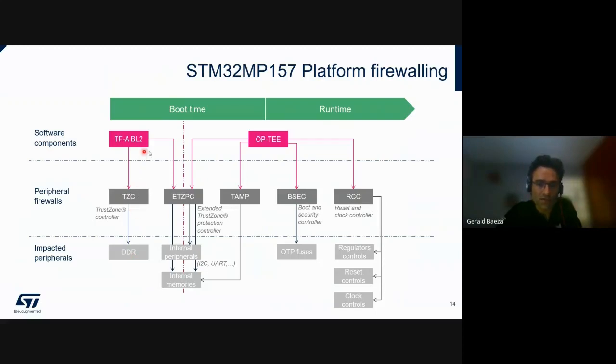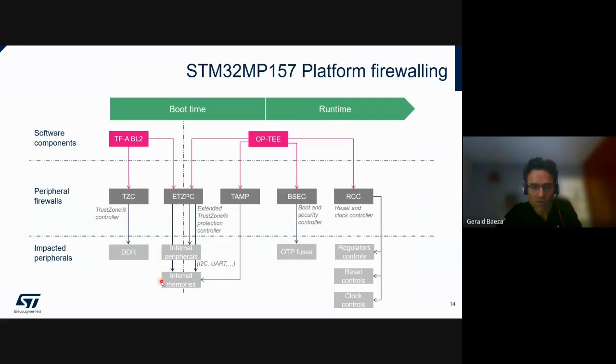So this is for the DDR. Then we have a very central peripheral on MP1 that is ETZPC, Extended TrustZone Protection Controller. This one is really the peripheral that will allow to tell that this internal memory will be secure or not, and the same for a given set of peripherals.